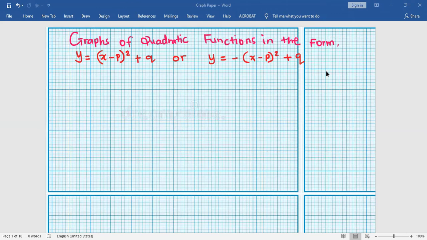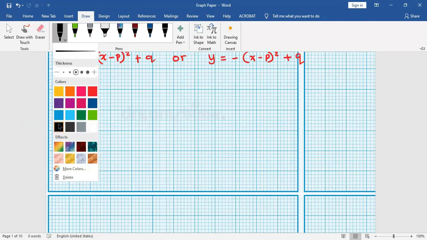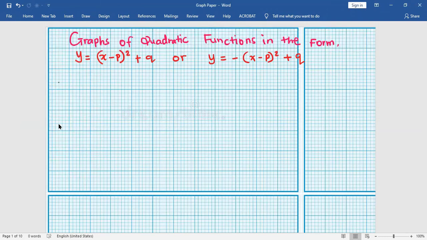Okay, so in this kind of a quadratic function, we say that if we have the function as y equals (x minus p) squared plus q, the vertex is always (p, q).